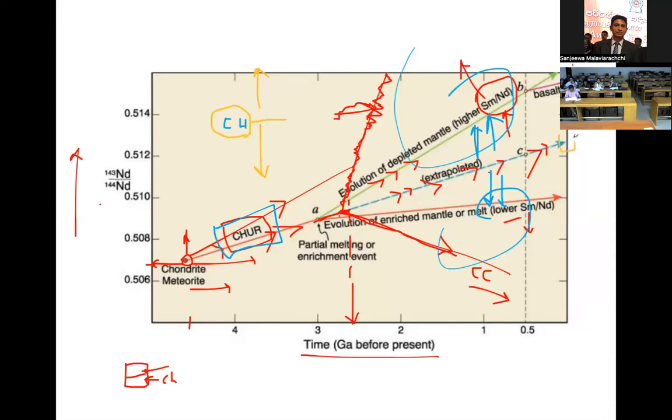This is 0 Ma, that means today, present day. So you must have a chondritic neodymium isotopic value today in our earth if nothing happened. But unfortunately or fortunately, we have continental crust and depleted mantle. They are showing very different isotopic values today.